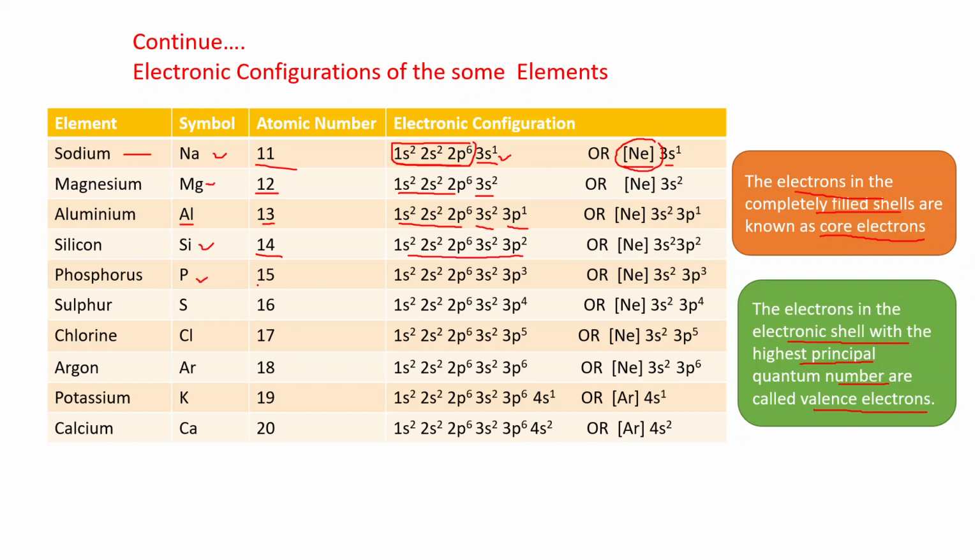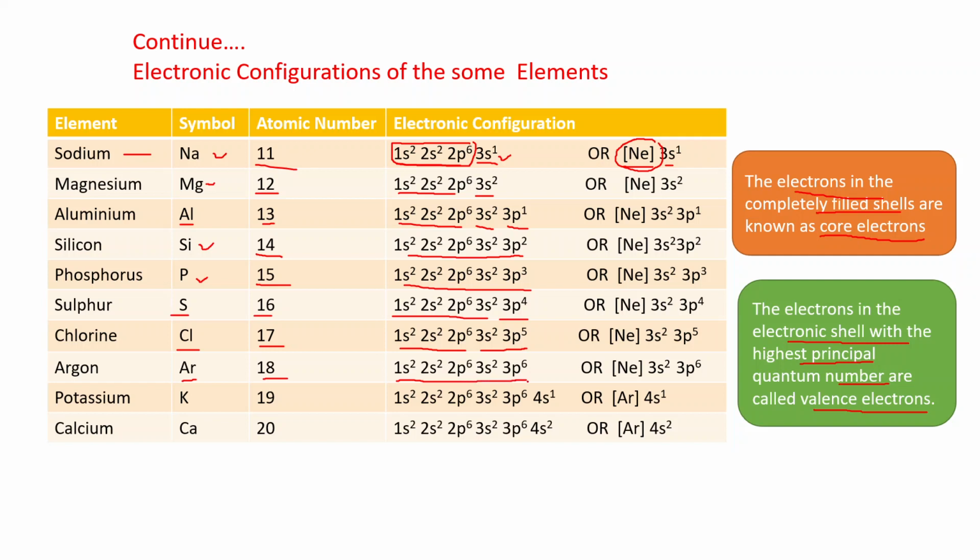Phosphorus, P, atomic number 15, 3s2, 3p3. Sulfur, S, 16, 3s2, 3p4. Chlorine, Cl, 17, 3s2, 3p5. Argon, Ar, 18, 1s2, 2s2, 2p6, 3s2, 3p6.